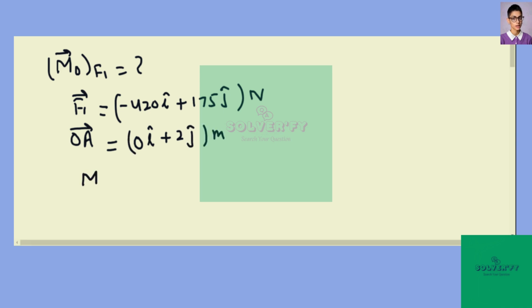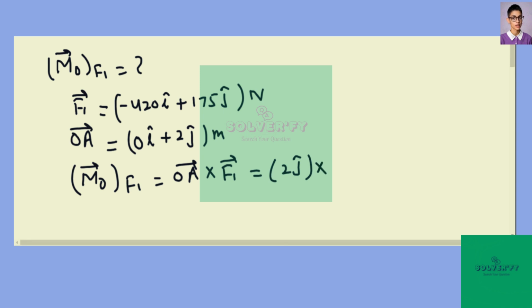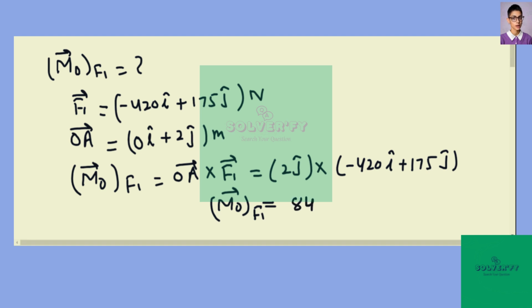So moment of this force about O would be OA cross F1. OA is 2 j cap cross minus 420 i cap plus 175 j cap, and this value will be 840 Newton meter k cap, that is in anti-clockwise direction.